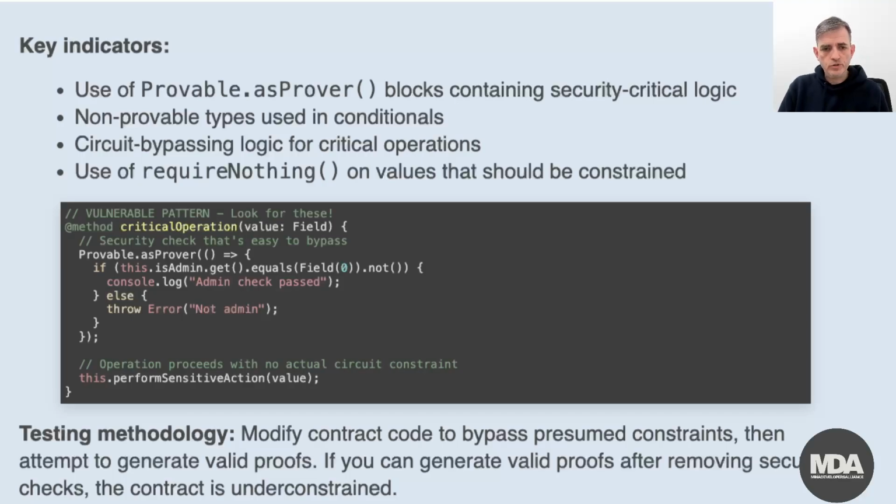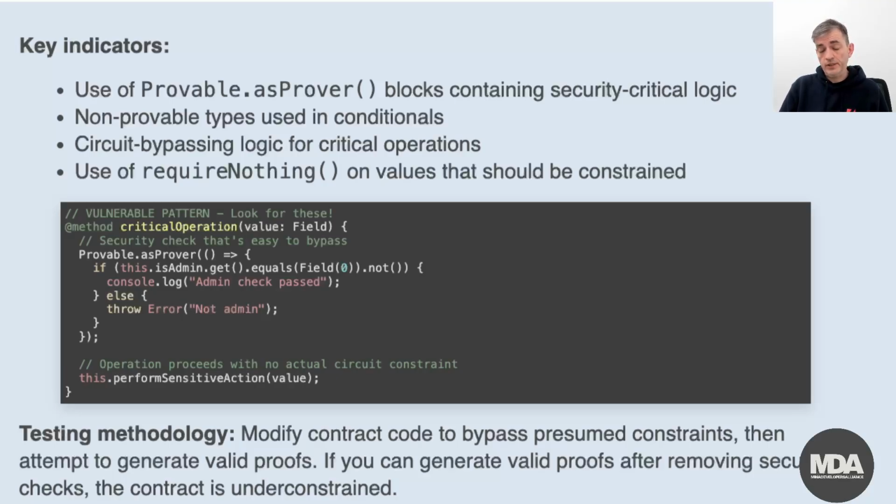And if you wanted to test this, what you could do is to modify the code to bypass what constraints should be there and then generate a proof. And if you can still generate a valid proof after removing the security checks, the checks that we really need to be tested, then that shows us that the contract is under constrained.